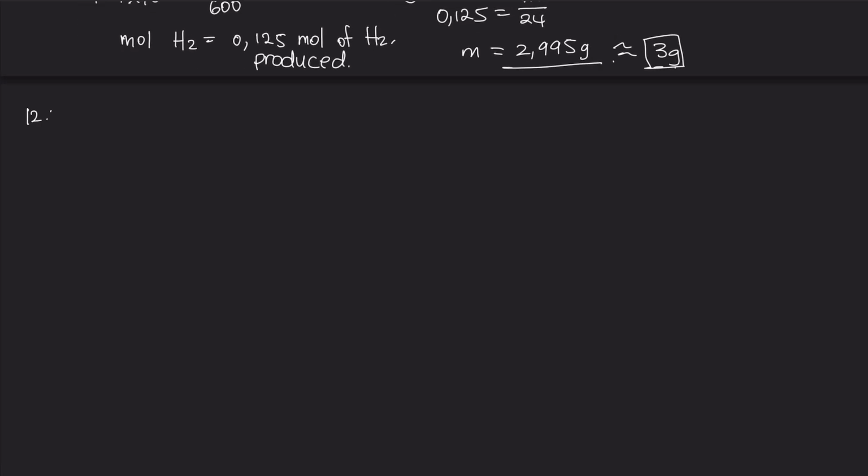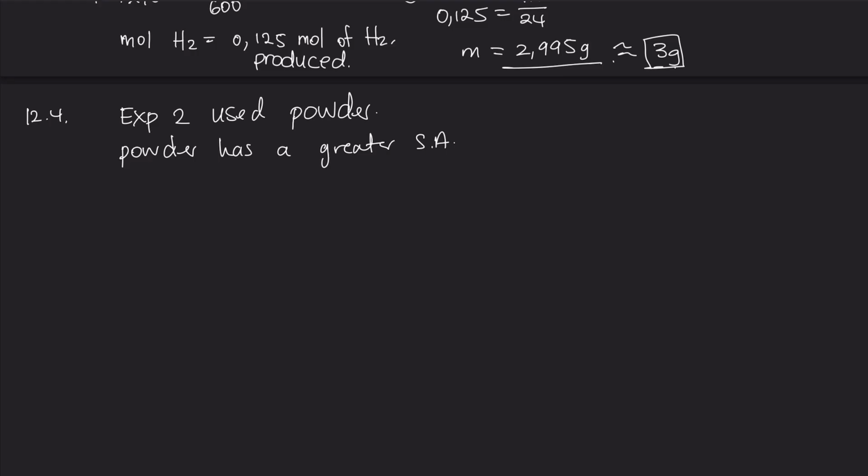So we can say that for 12.4, experiment 2 used powder, right? So powder has a greater surface area, right? That means more particles with correct orientation for a reaction.